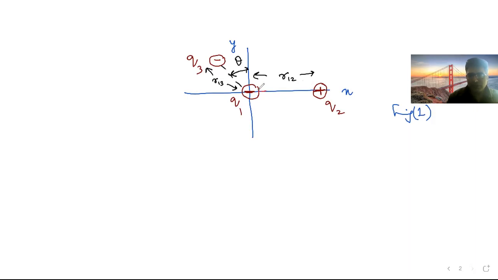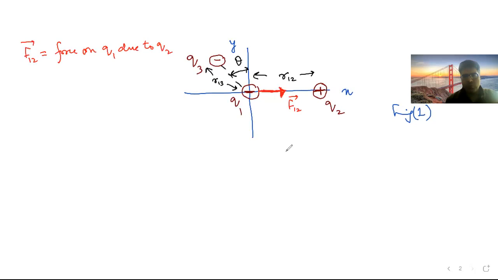So this I am showing, this is my F12. What is F12? It is force on Q1 due to Q2.